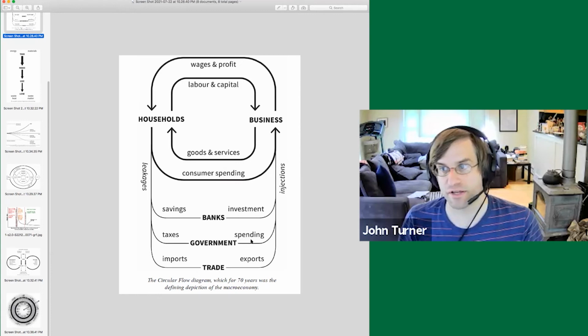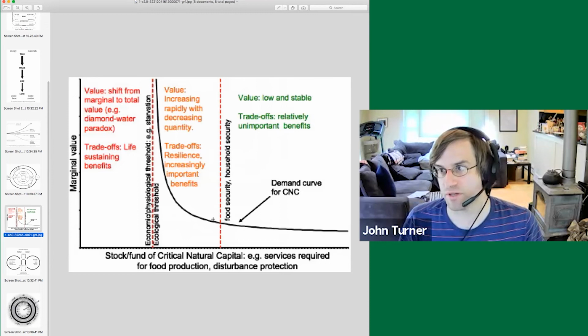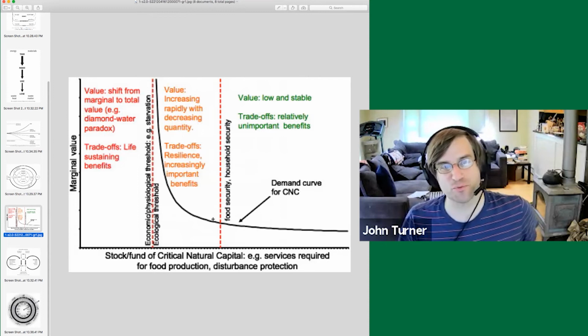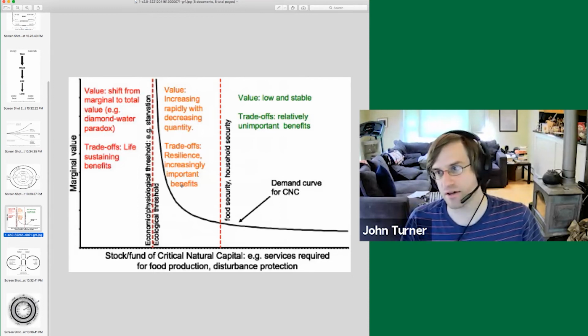Everybody has encountered a lot of this terminology before. How many of you encounter the terminology of critical natural capital when reading the news, or going through the airport on your way to a tournament back in the days of in-person debate, watching the cable news input at the airport terminal? You're likely to run across the notion of critical natural capital and ecological thresholds?